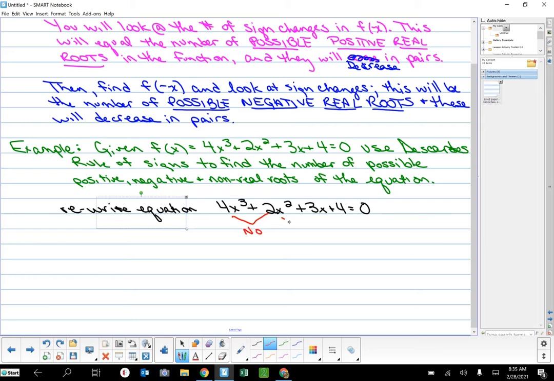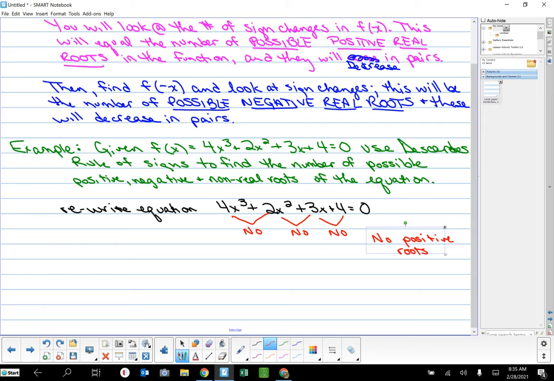So that's a no. Positive to positive, no. Positive to positive, no. Okay. So this has 0 sign changes. So 0 sign changes means no positive roots. So this will have no possible positive roots. Now, that will change as that changes.